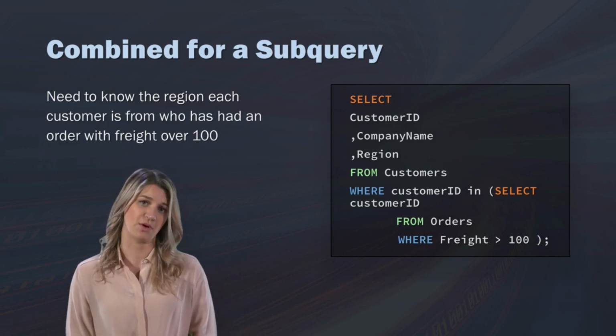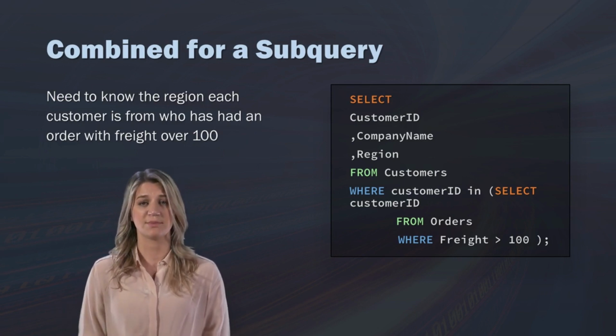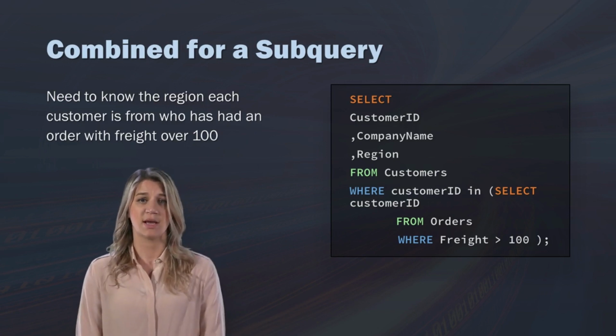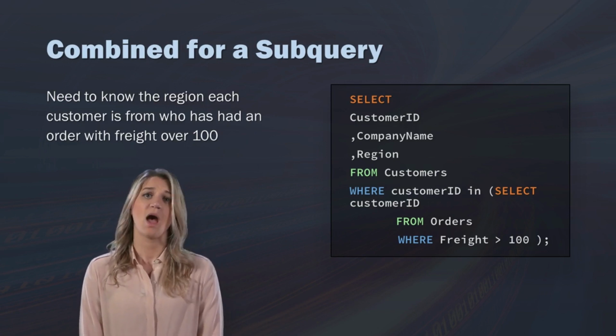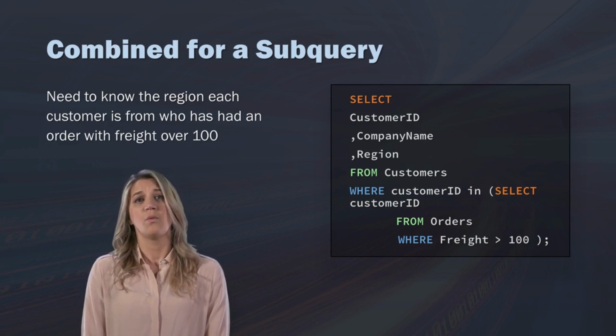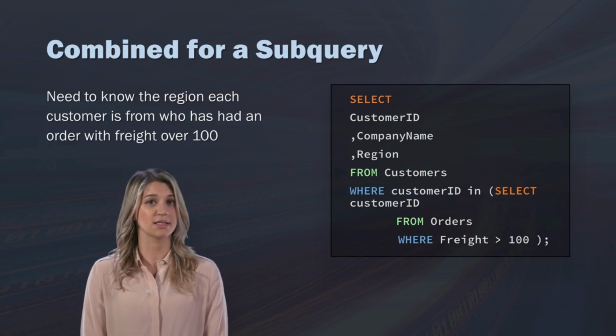This is your innermost query. From there, I'm going to write the query to select my customer IDs, my company name, my region information. I'm going to get that from inside the customer table. Where now I can connect the subquery and my customer information query together is using the where clause.